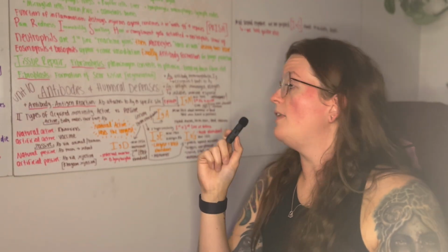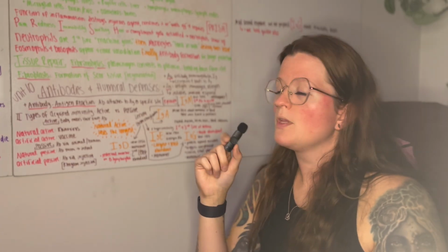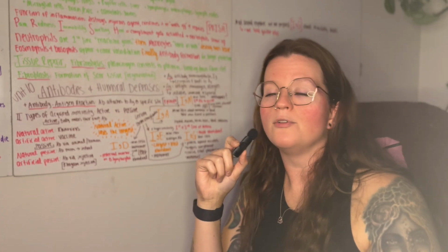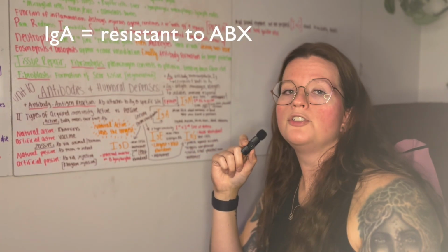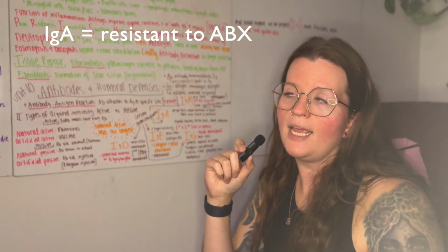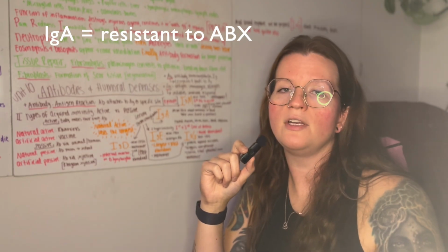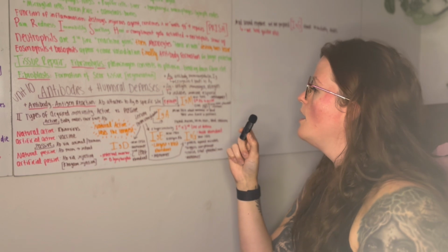IgA is also found in mucus, saliva, tears, colostrum, and blood. This is the first immunoglobulin that the body produces, and if a bacteria produces IgA, antibiotics are futile. The bacteria will become resistant if they form IgA.